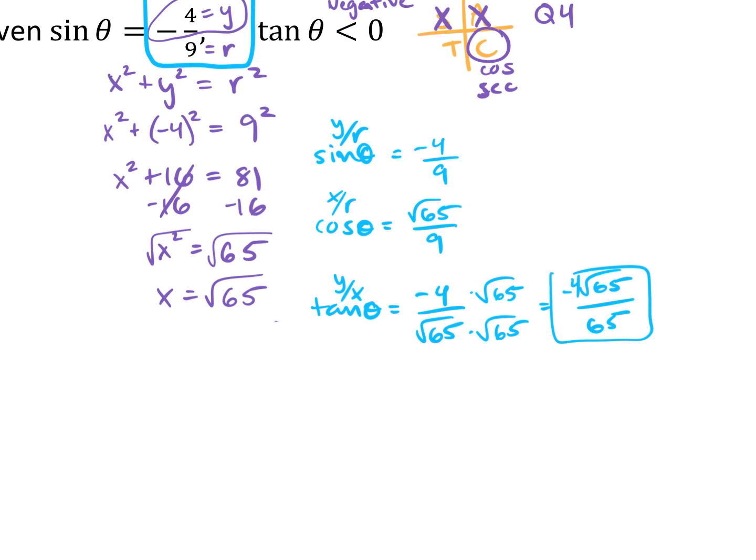Let's find our reciprocal functions. So cosecant goes with sine. Our reciprocal would be negative 9 over 4. Secant goes with cosine. So that would be 9 over square root 65. We'd have to rationalize. So we get 9 square root 65 over 65.